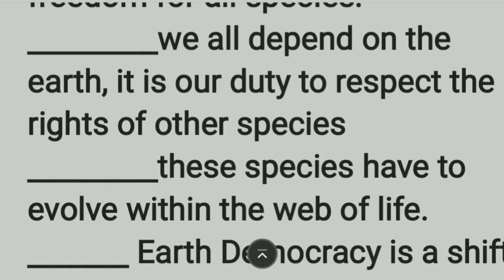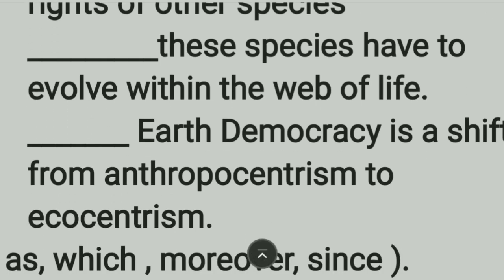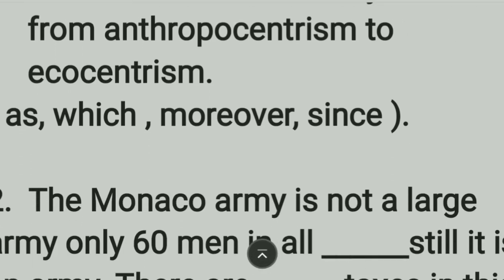Since we all depend on the Earth, it is our duty to respect the rights of other species, as these species have to evolve within the web of life. Moreover, Earth democracy is a shift from anthropocentrism to ecocentrism. I hope this is clear.